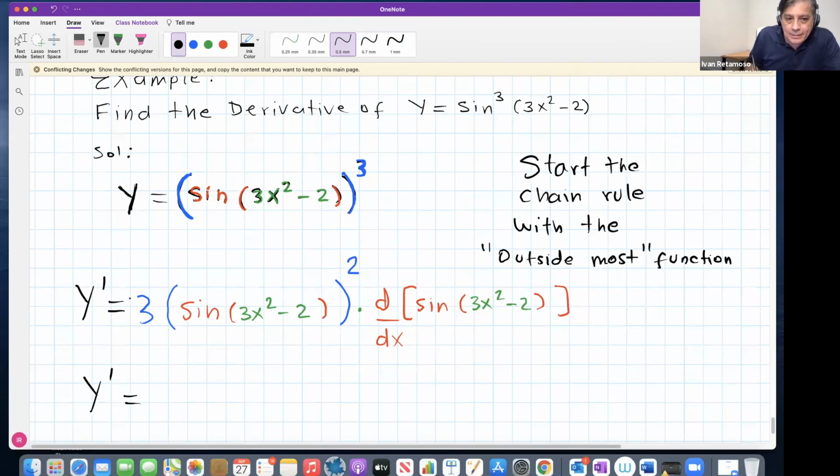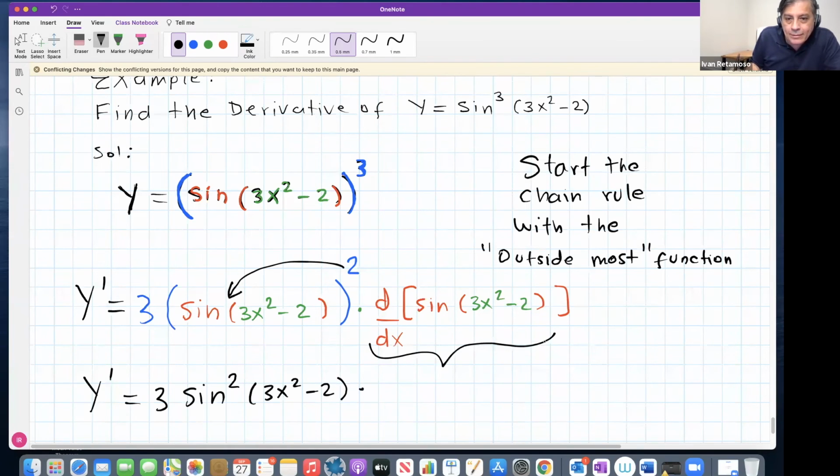So this will be, look, 3 outside. The exponent 2, remember, we place it in the middle here on the top, 3x squared minus 2 here, close parenthesis, times the derivative of this. The derivative of this again, right? Outside function now sine, inside function 3x squared minus 2. So start with the derivative of your outside function. Derivative of sine is cosine, right? Cosine of what?